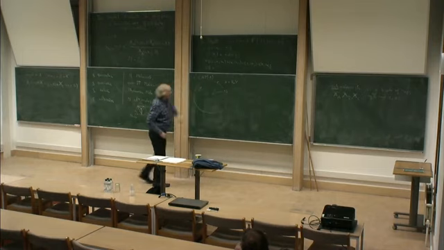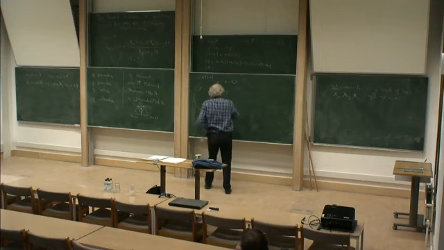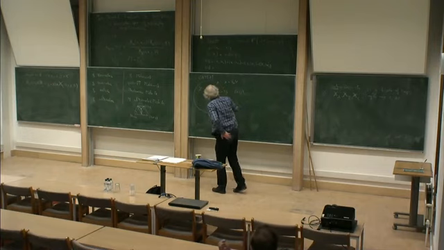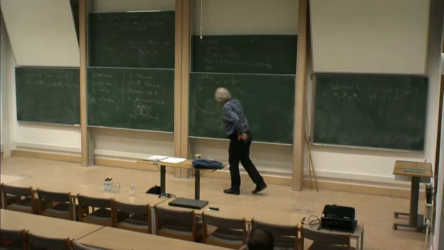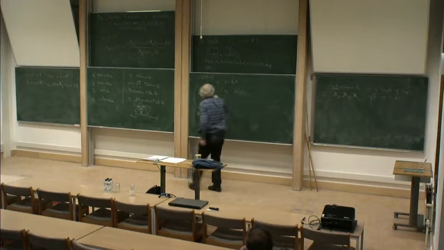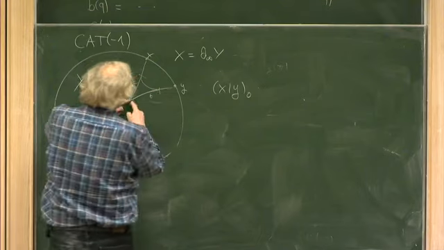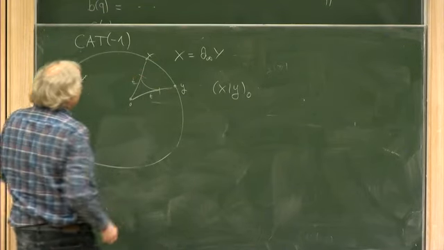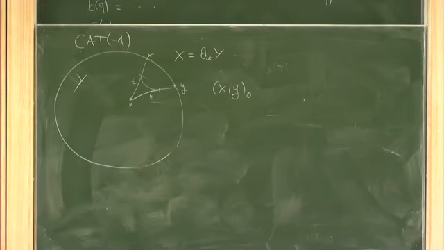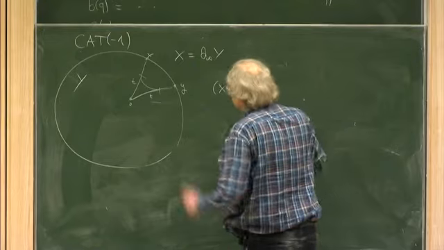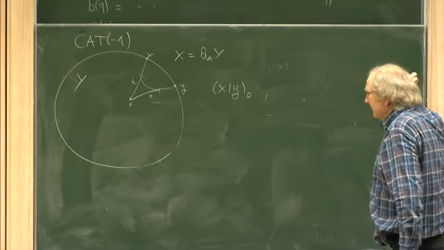You can define the usual Gromov product of these 2 points at the boundary with respect to that base point. So it's the limit of, you go distance t, and go distance t, 2t minus that, and go to infinity. That's the Gromov product, and you define a metric.